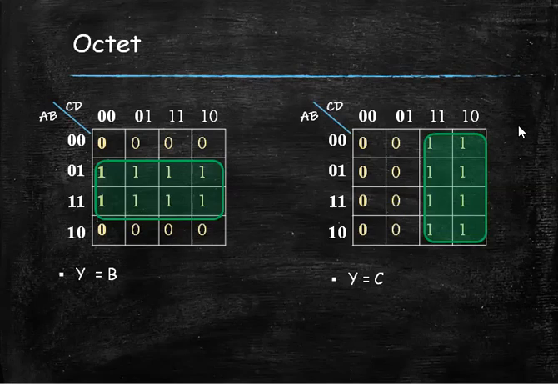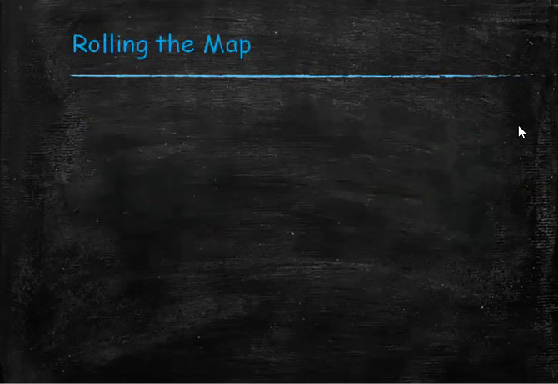Now we have discussed pair, quad and octet. When we discussed the rules, we said that we can group ones by overlapping or wrapping the map, etc. Now we consider those cases. The first one is rolling the map.